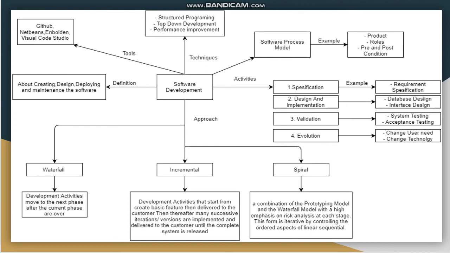Next is software development tools. Software development tools are computer programs that are used by software developers for creating, editing, maintaining, supporting, and debugging other programs or applications, and also for frameworks. For example, the tools are GitHub, NetBeans, and Visual Studio Code.